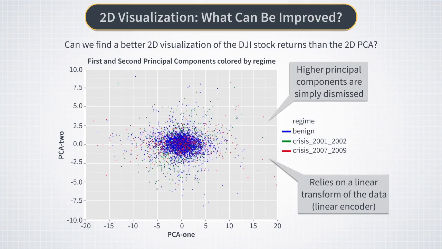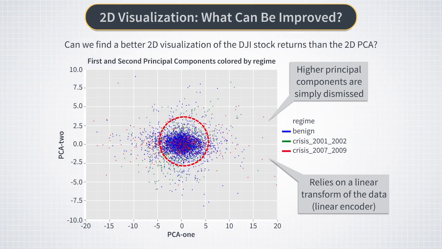The blue points are the rest of the observations, which we call here a benign regime. For this data, the PCA relies on a linear transformation of data, alongside a truncation of less important dimensions to arrive at the graph shown here.